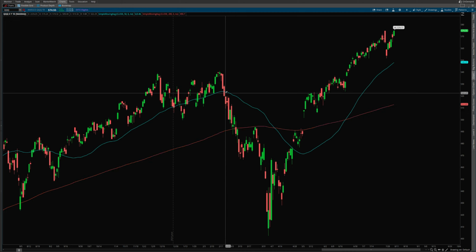So the difference and advantage between using these: with a 50 period moving average, you can say if price is below this moving average, that means the trend in the relatively medium term is in a downtrend. Versus when we break above this line, this dynamic moving average, price is in a relative uptrend.